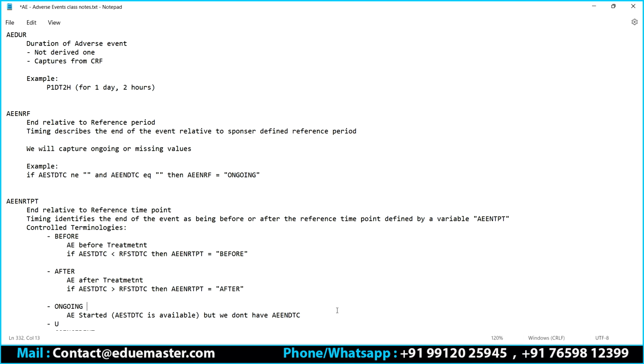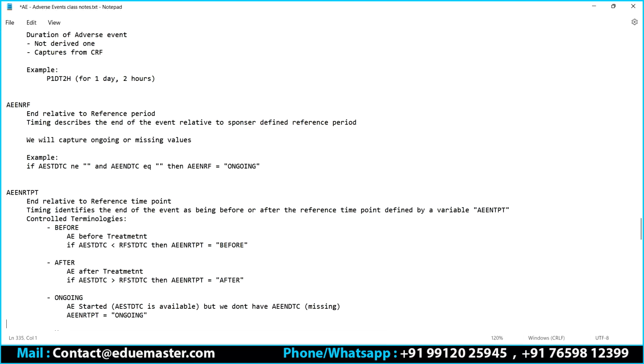That is, this value is missing. Can I say that it is going to be ongoing? We just now discussed this. So in this particular case, I can say that the AE end reference time point is nothing but ongoing. Guys, are you able to follow now how we are defining it?